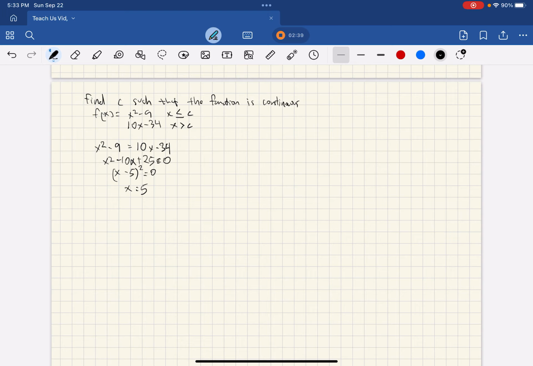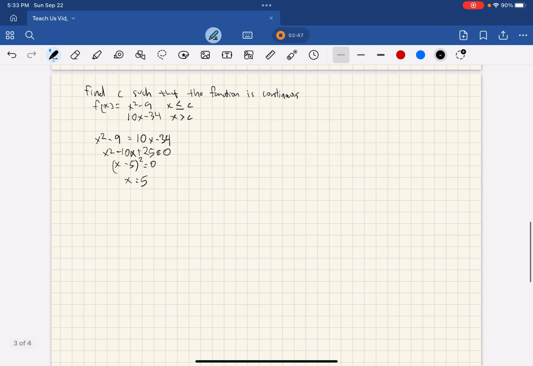When doing this type of problem, there are three rules that make a function continuous. First, f of c is defined. Second, the limit as x approaches c of f of x exists.